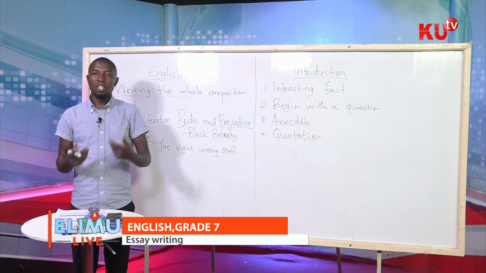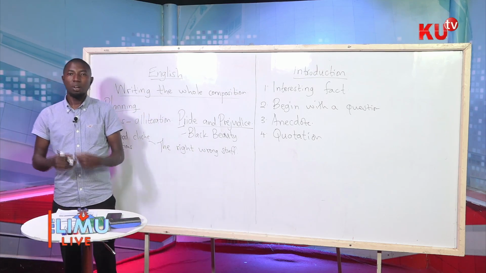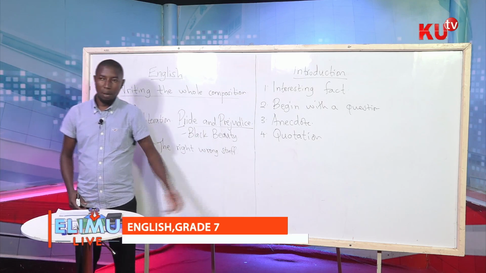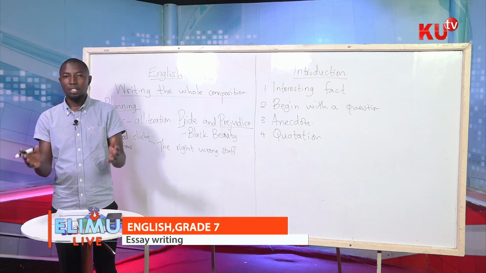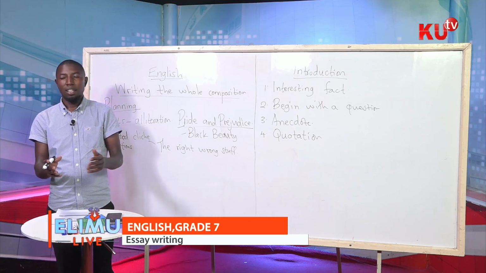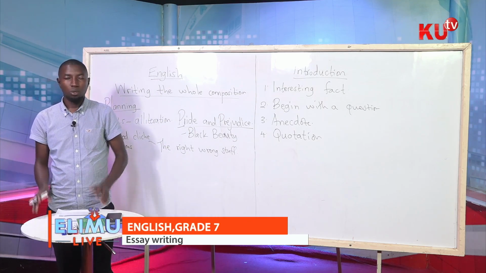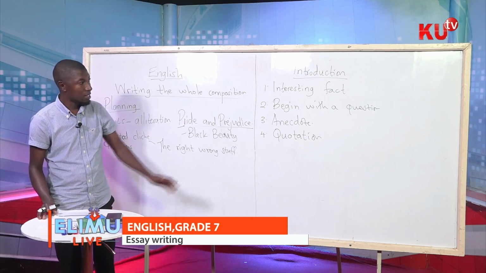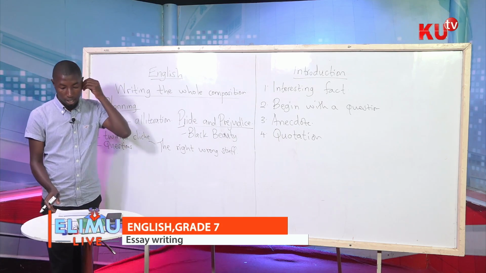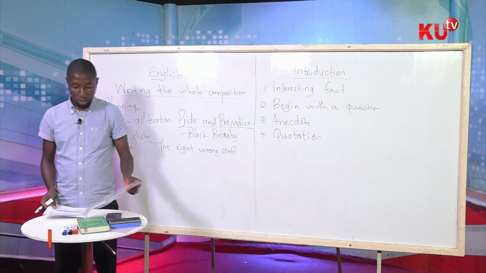Then it shows your readers that you have an understanding of your subject. Because if you don't have an understanding of your subject, then dear students, nobody is interested to read your works. So make a list, and after that, go to the introduction.